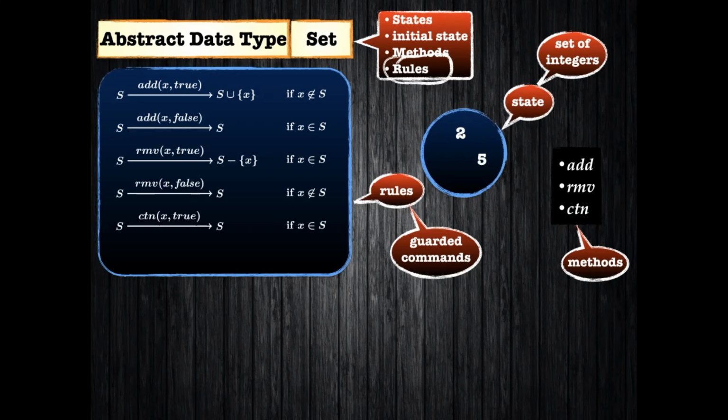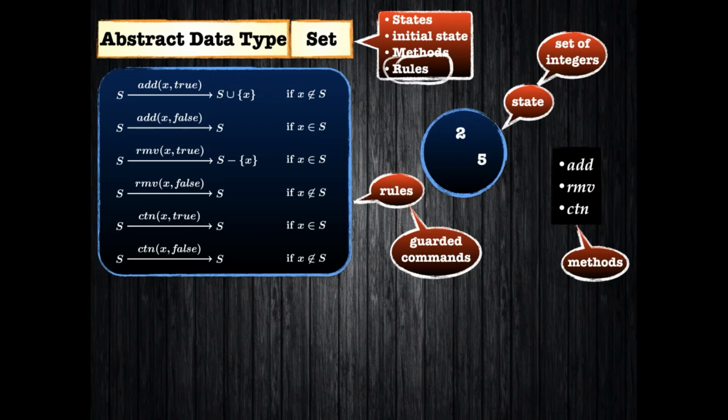So one case is that when X is inside the set, if you try to check for containment, then this operation contain, again, you apply a method to some input and output, X and true, and the state of the set is not changed, but if X is inside the set, then you get true. While if it's not inside S, then you get false from the abstract data type.